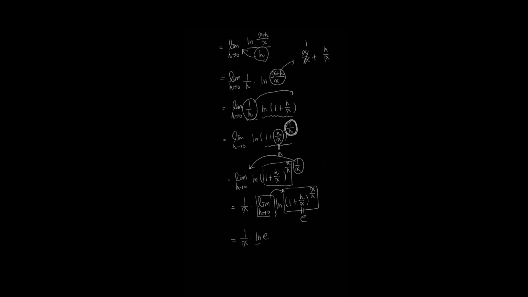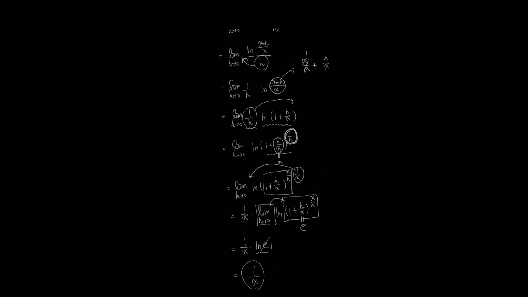And actually this is 1, because the base of this log is natural e, so it's the same as log 10 of 10 equals 1, right? So it goes to 1, so we can see that the final form is 1 divided by x.